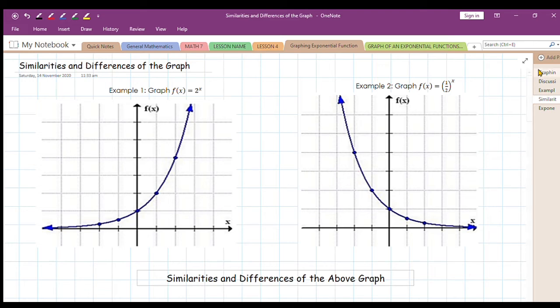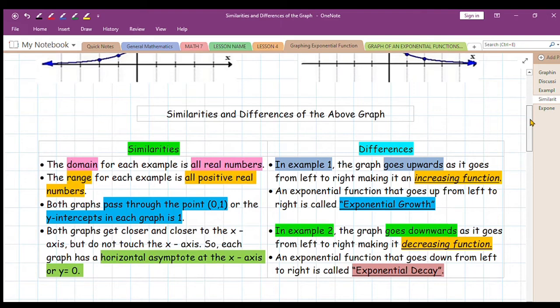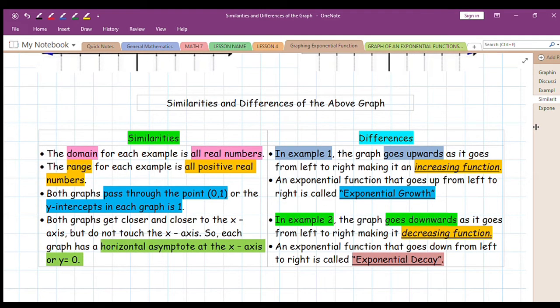So these are the similarities and differences of the above graph. So let us analyze. First, the similarities. The domain for each example is all real numbers, because domain stands for the x value.